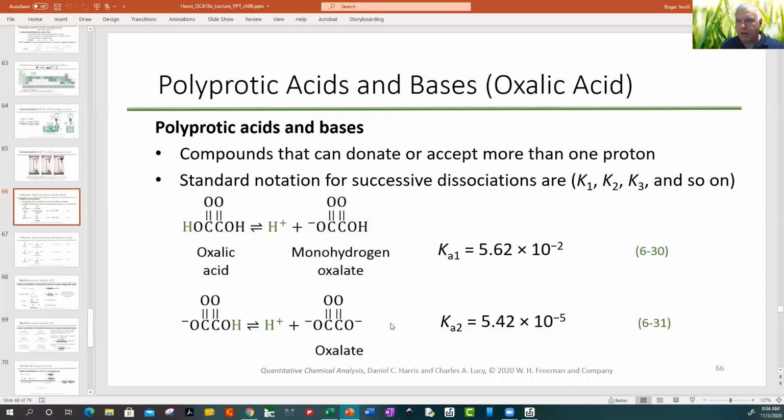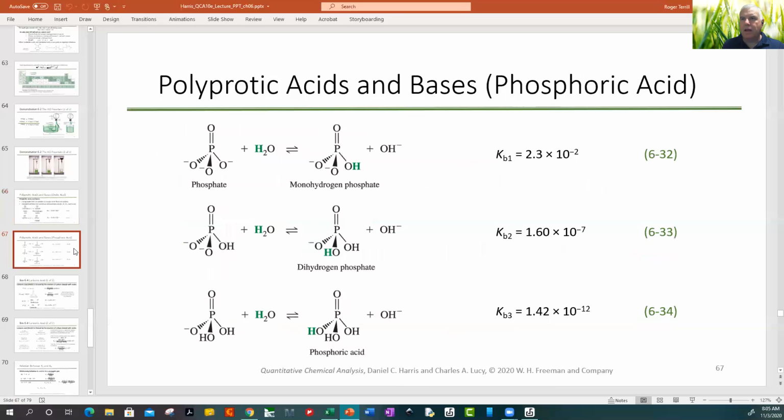The next proton to come off is 4 orders of magnitude less acidic, so this goes from a pKa of 2.5 to 5.5, or something like that. Anyhow, then there are others.